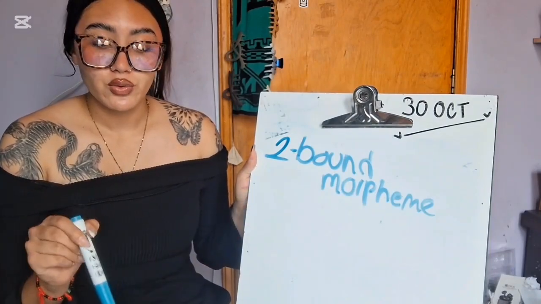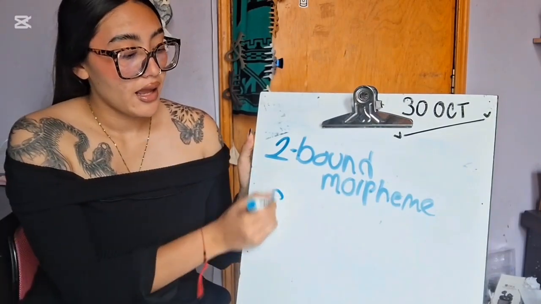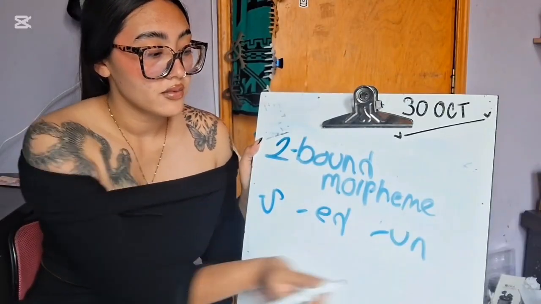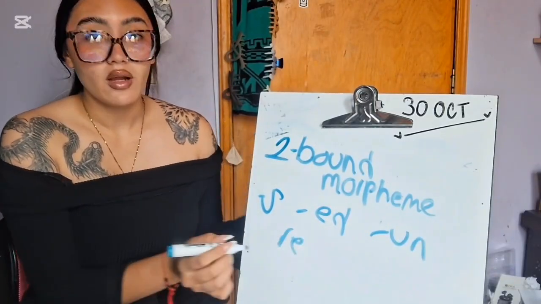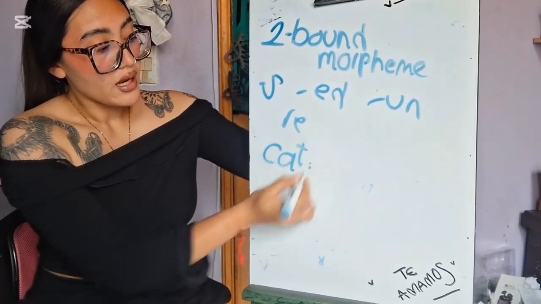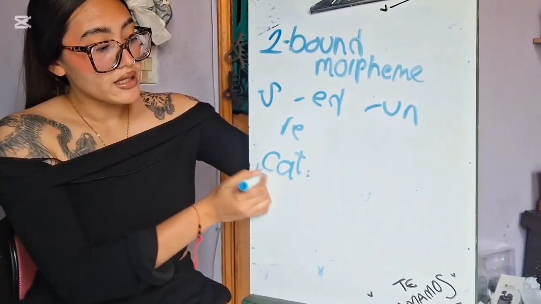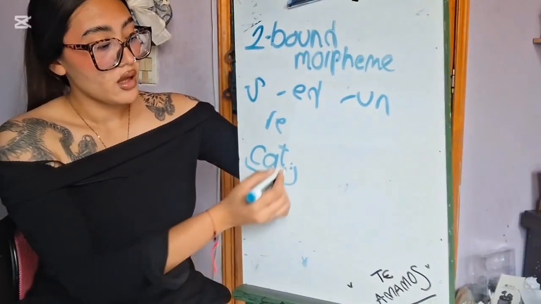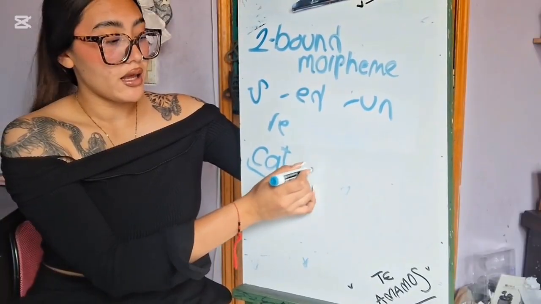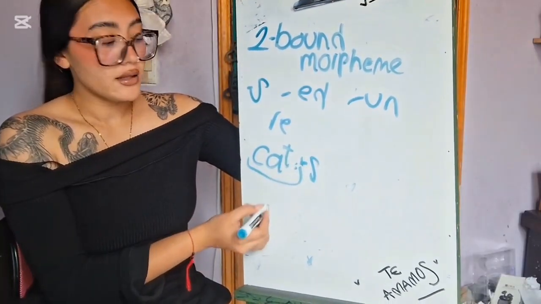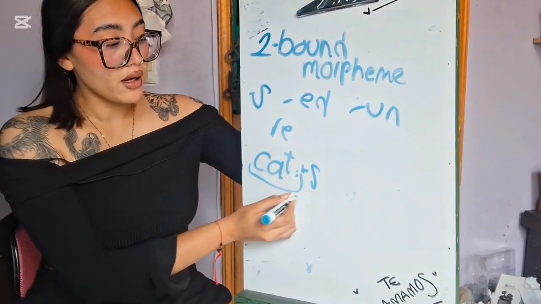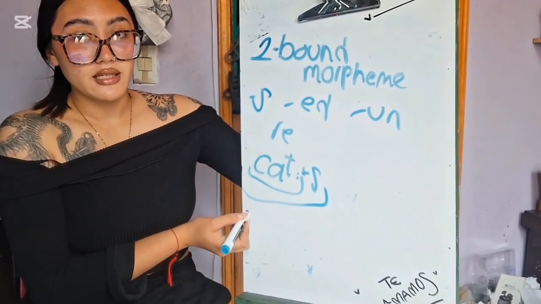These are the affixes you can add to words, like s, ed, and re. For example, the word cat. Cat is an animal, and this word is singular. This word can be augmented with s, and this word will then become cats. This is plural.